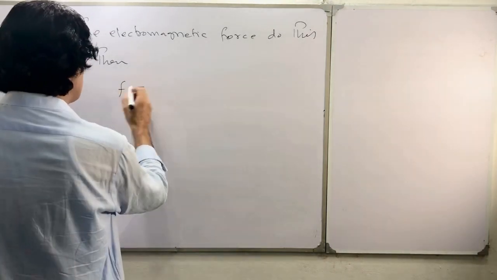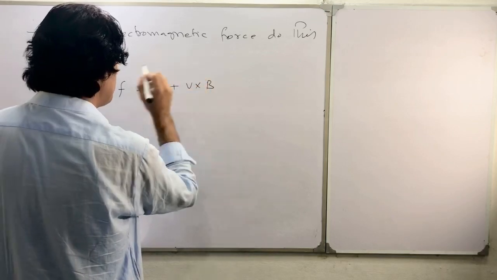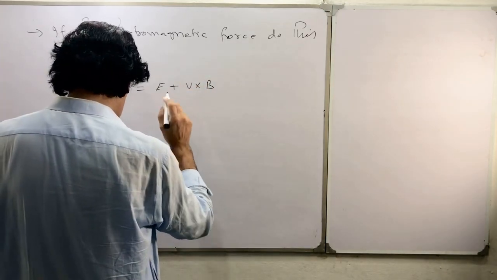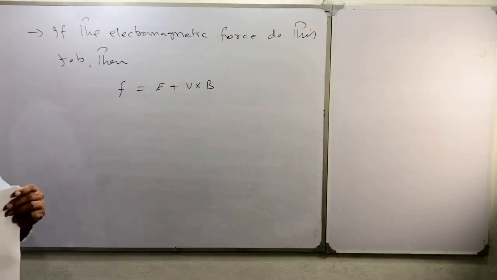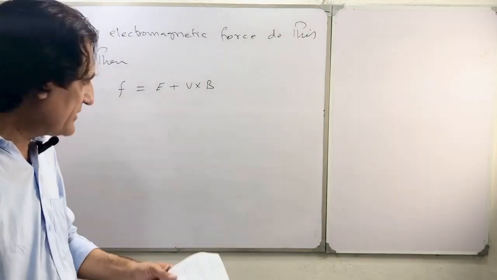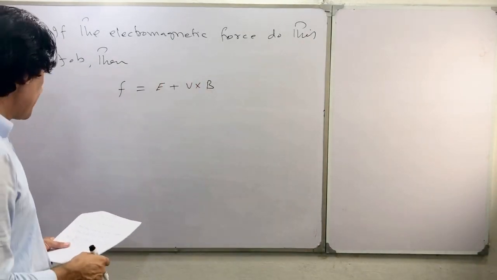Then we can write E plus V cross B. So this is actually the force per unit charge, equal to the electromagnetic force.